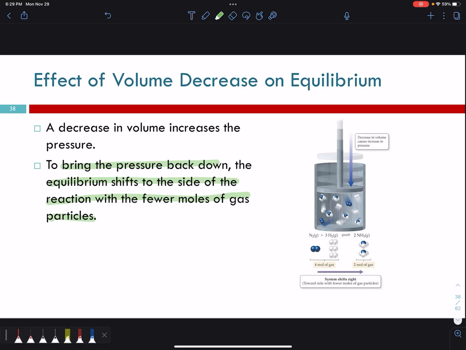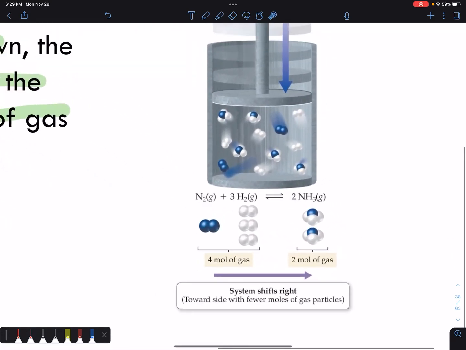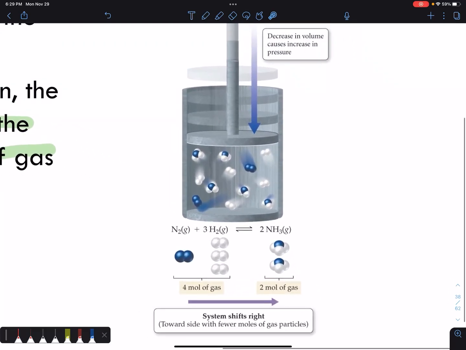So this is where you have to look at your reaction. I'm going to zoom in on this. We've decreased the volume. On the left side, we have a total of 4 moles of gas particles. On the right side, we only have 2 moles of gas.